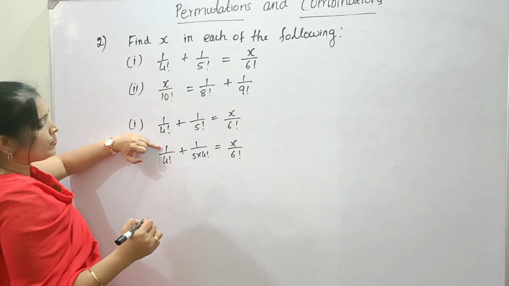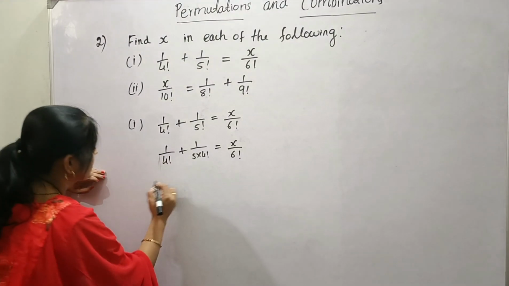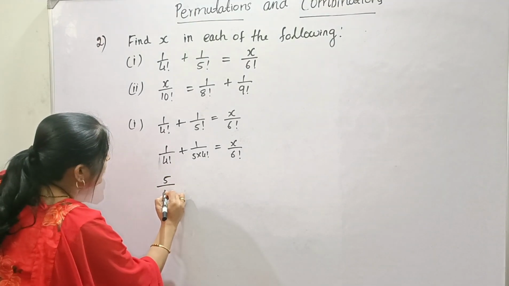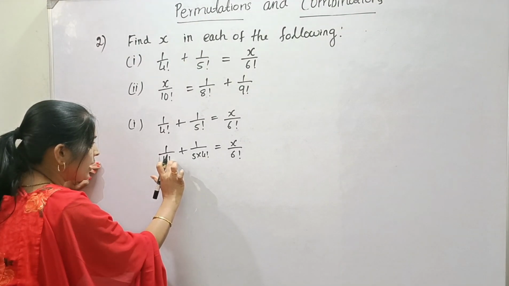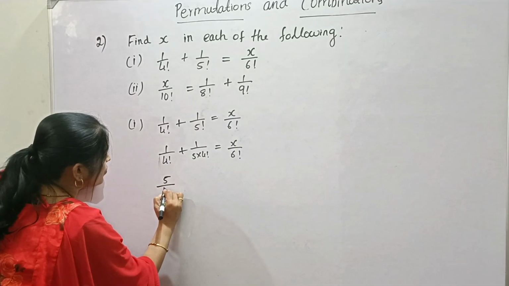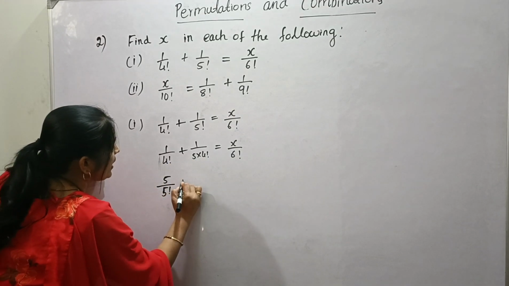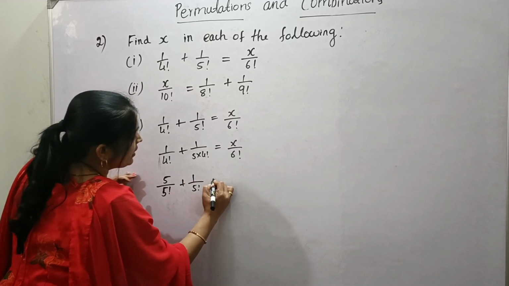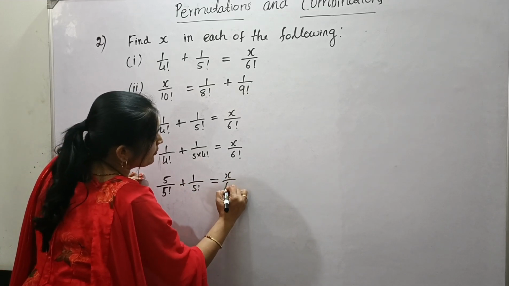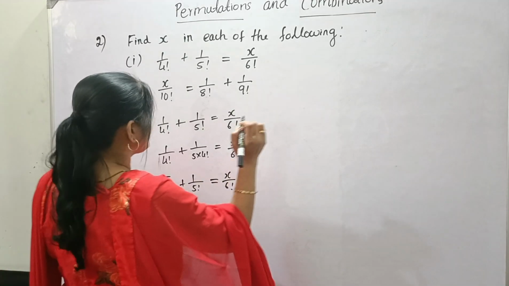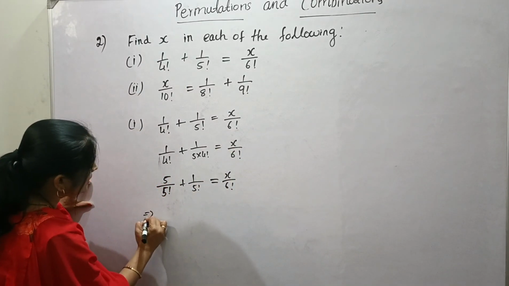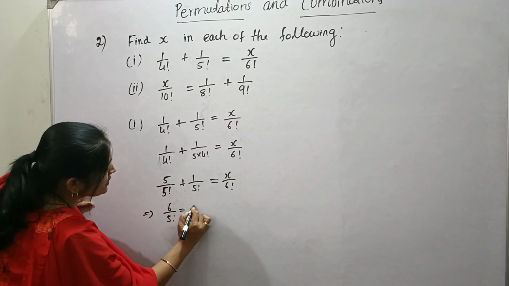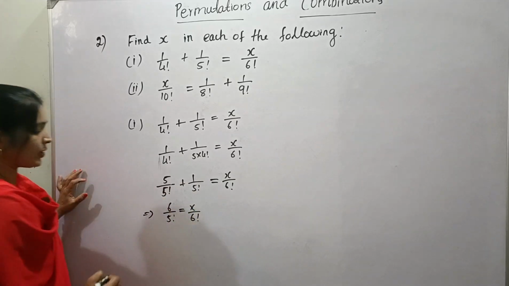So here we have to multiply 5 for the first term, right? Because 5 factorial is the LCM and 4 factorial is here, only we have to multiply 5. So 5 divided by 5 factorial plus 1 by 5 factorial is equal to x divided by 6 factorial. That implies 5 plus 1, 6 divided by 5 factorial is equal to x divided by 6 factorial.